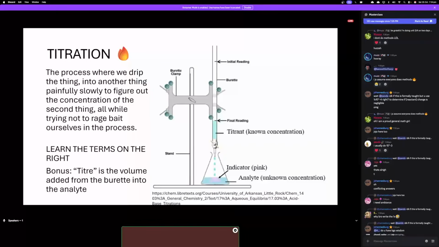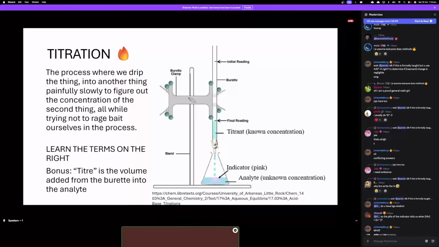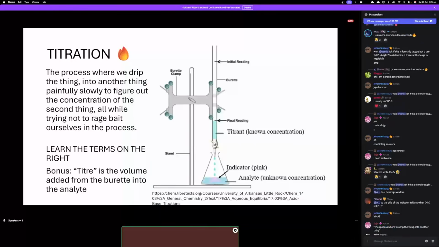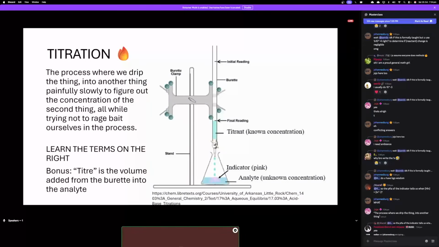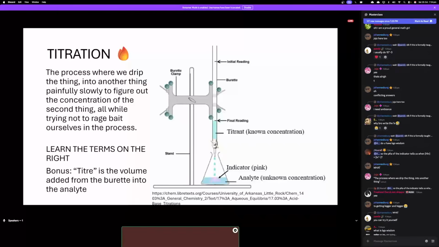I was taught 10 to the negative. I'll double check, but I'm pretty sure I was taught 10 to negative 2. So pKa of the indicator tells us when HN, HIN. Yeah. I think I was taught 10 to negative 2, but and yes, very eloquent answer. Bigger. Yeah.